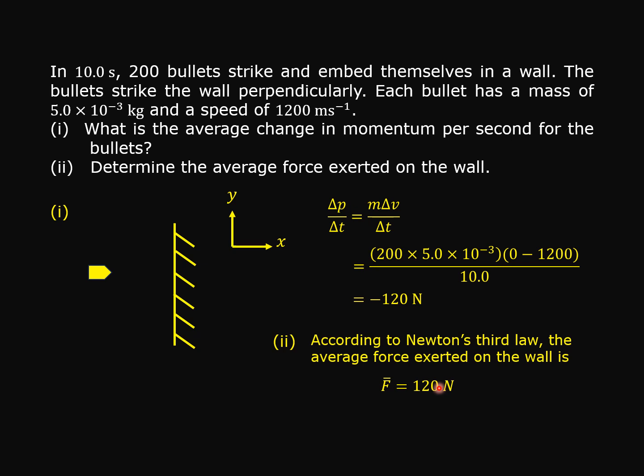And the direction should be opposite to this one. So here we have negative, then here we will have positive. So this positive means that the force acting on the wall by the bullet points to the right-hand side.